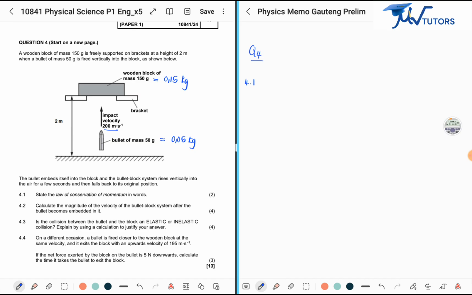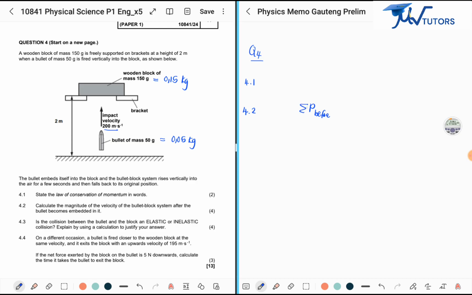Okay, that's it. Total linear momentum of an isolated system remains constant or is conserved. Now, let's go to 4.2. It says, calculate the magnitude of the velocity of the bullet block system after the bullet becomes embedded in it. So we're going to look at momentum before.